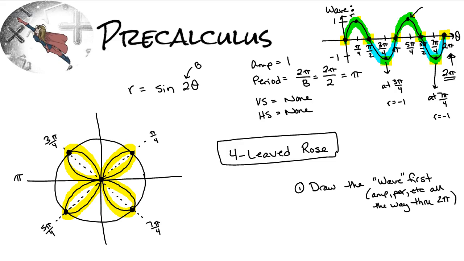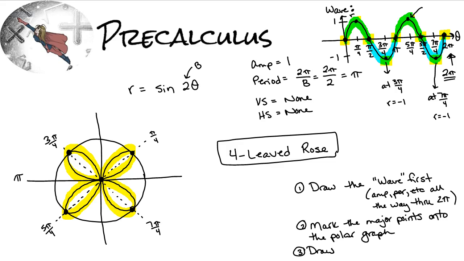That's step 1. And then mark the major points onto the polar graph. And then finally, draw the movement of the wave onto the polar graph, and then you'll have your complete curve.